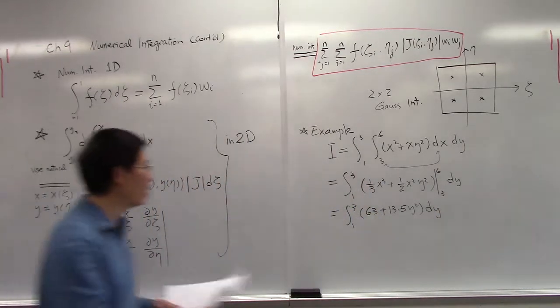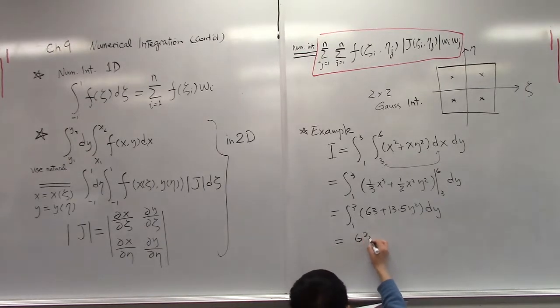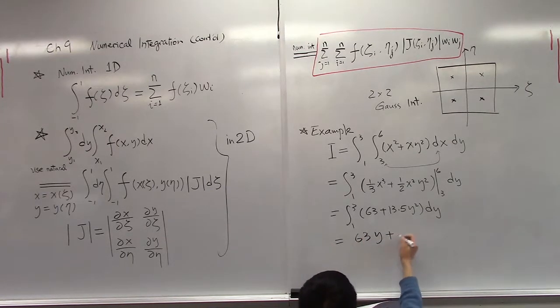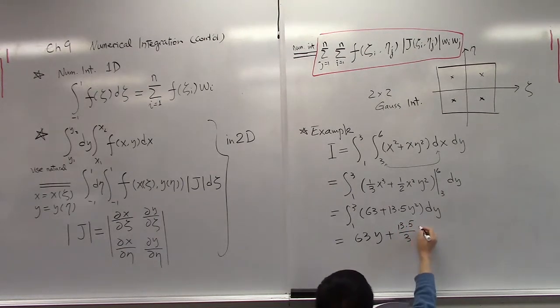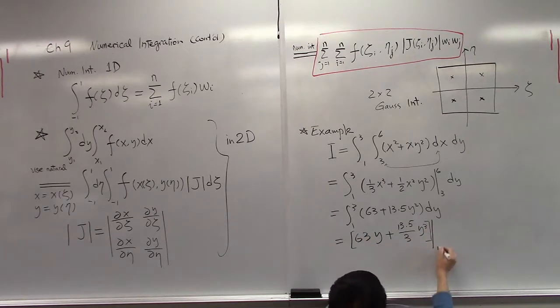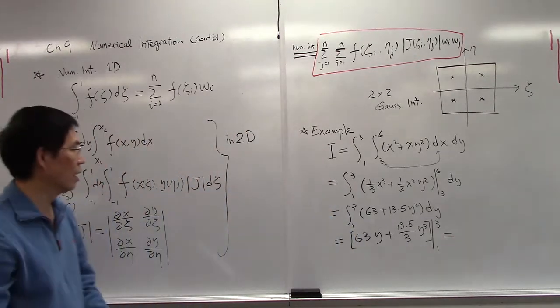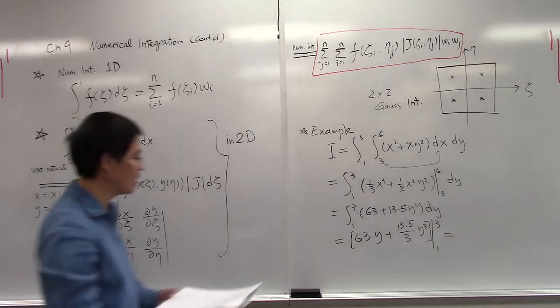Okay. And now you can integrate that again. The constant will be 63 times y. It becomes linear. This becomes 13.5 times 1/3 y cubed. And then the whole thing, the limit is 1 to 3. That's a very simple expression to evaluate.